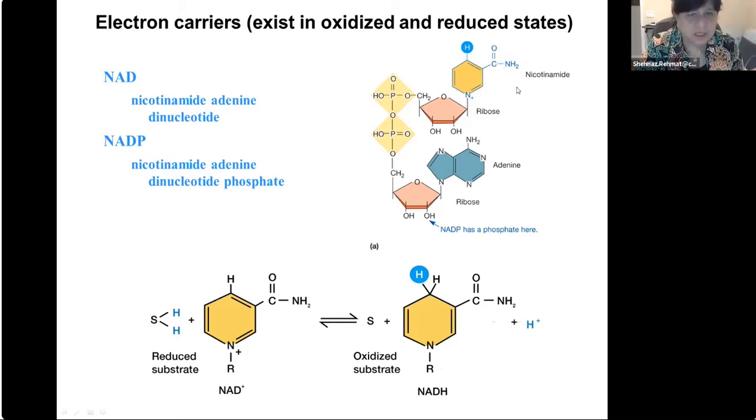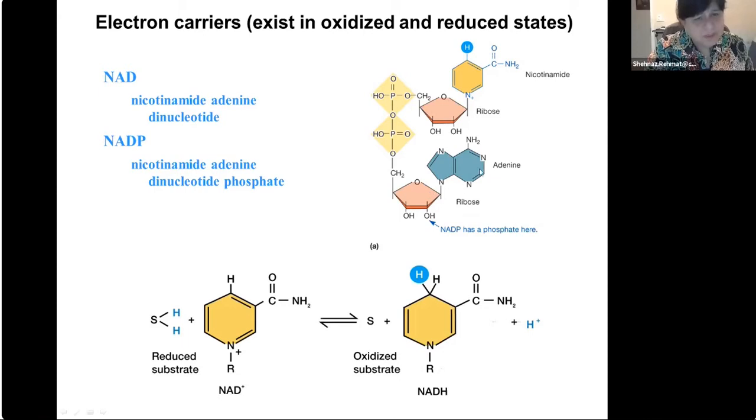So this has a nicotinamide, it has a ribose, and then it has a couple of phosphates, then you have another ribose, and then you have adenine. So this becomes your nicotinamide adenine dinucleotide. Sugar and phosphate is a nucleotide, right? So this is a nucleotide. So this is a dinucleotide.